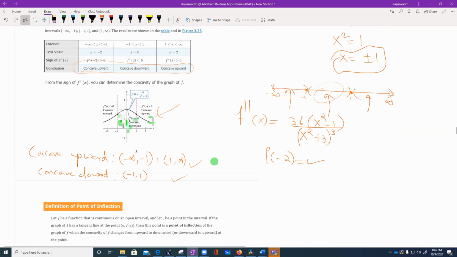From negative 1 to 1, my function is this piece facing down, so concave down. And from here all the way to negative infinity, the function has this piece facing upwards. Therefore, it is concave up. Again, from here all the way to positive infinity, the function is again facing up. So, concave upwards. Very clear, right?